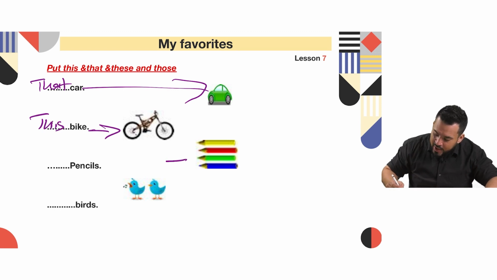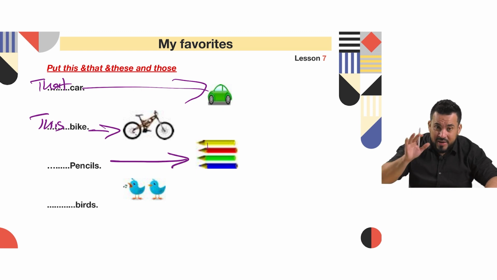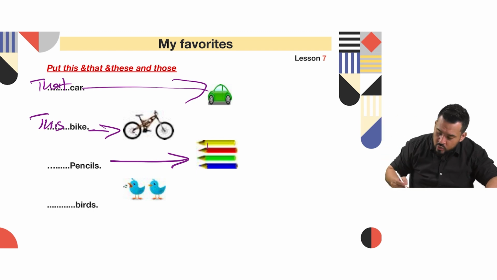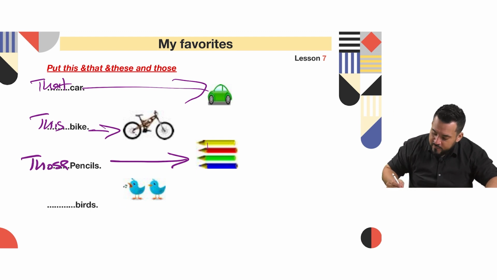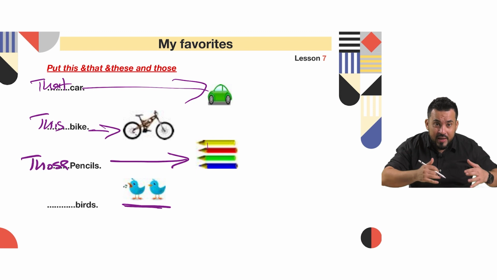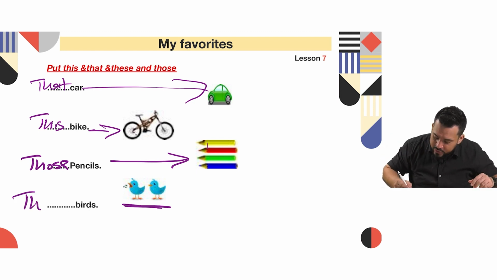Here we have four, that's plural. They are pencils and they are far. So we use those, correct? Because it's far plural. And these are near and they are plural also, so we use these.